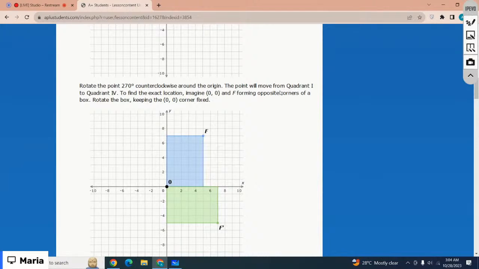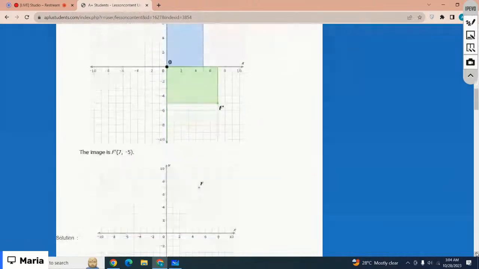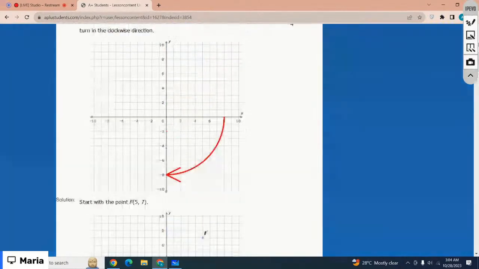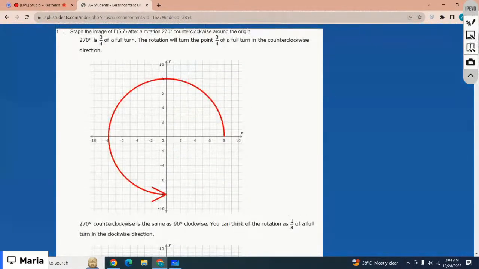So rotate the box keeping the (0, 0) corner fixed. Now the new point is (7, -5), right? Okay, let's start with the practice questions.